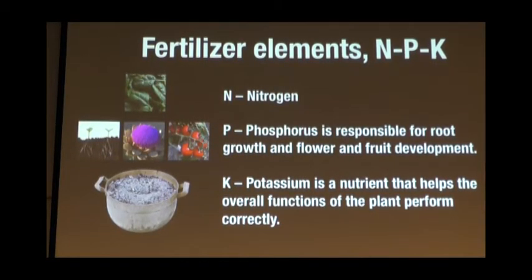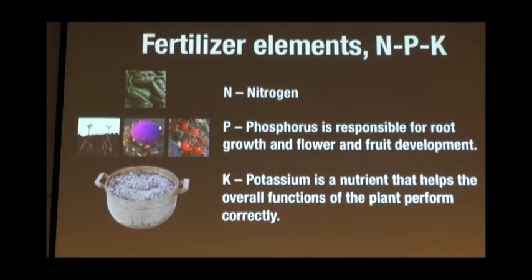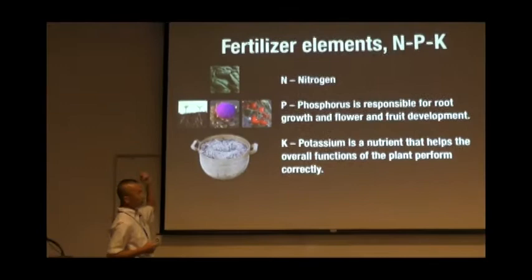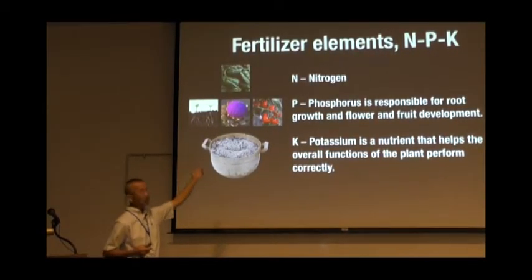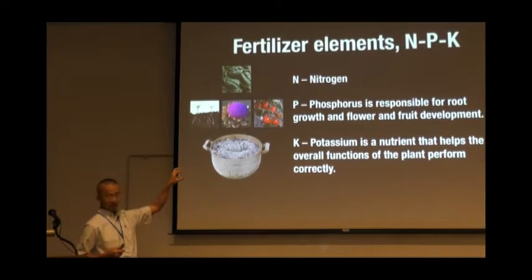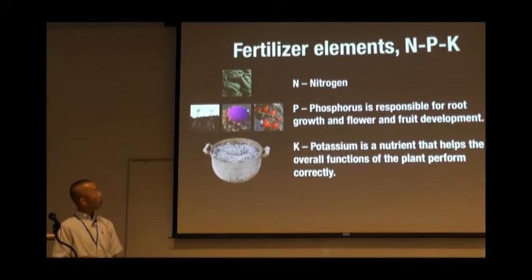So in this order, nitrogen, we all know, encourages leaf growth. Phosphorus promotes root growth, blossoms, and fruiting. So it's sandwiched in the middle. And then at the end, it's easy to remember, NPK.